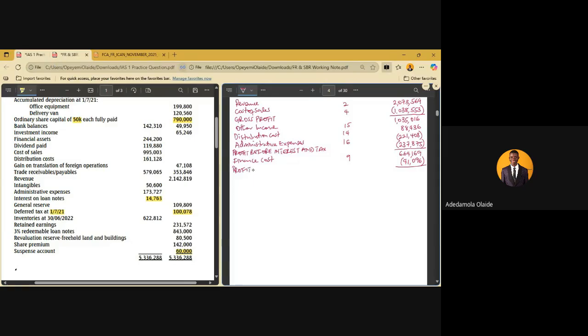What will be our PBT, profit before tax? 623,073.